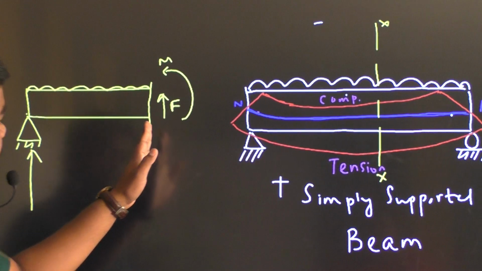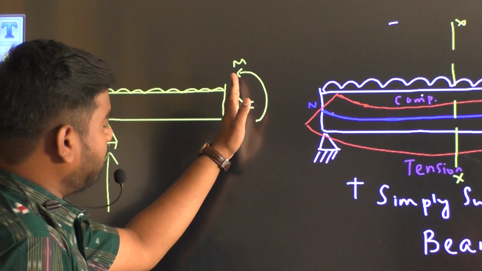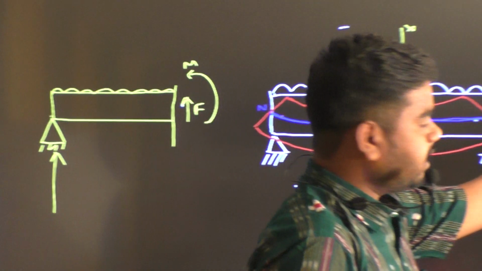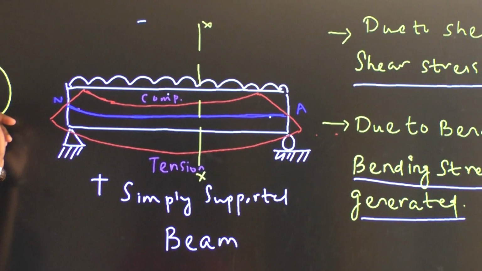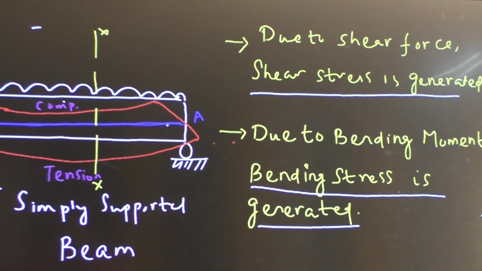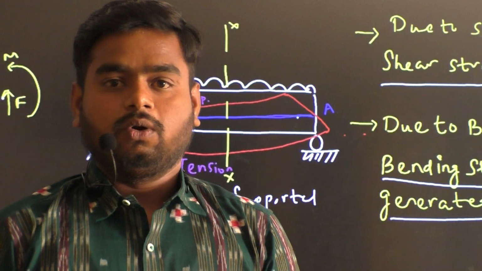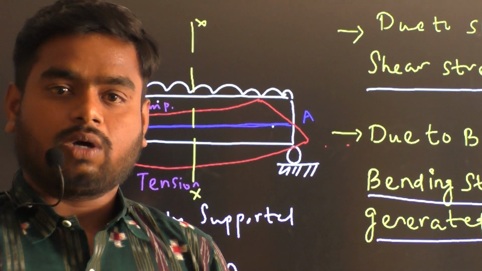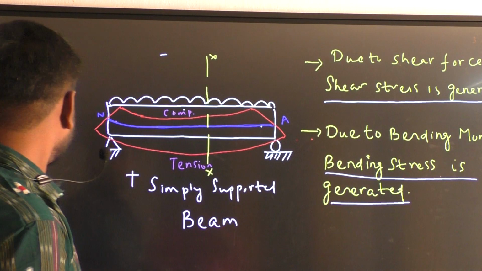So due to the development of shear force, shear stress is generated in the beam, and due to the development of bending moment, bending stress is generated in this beam. In this chapter, we are going to discuss how to calculate this bending stress.